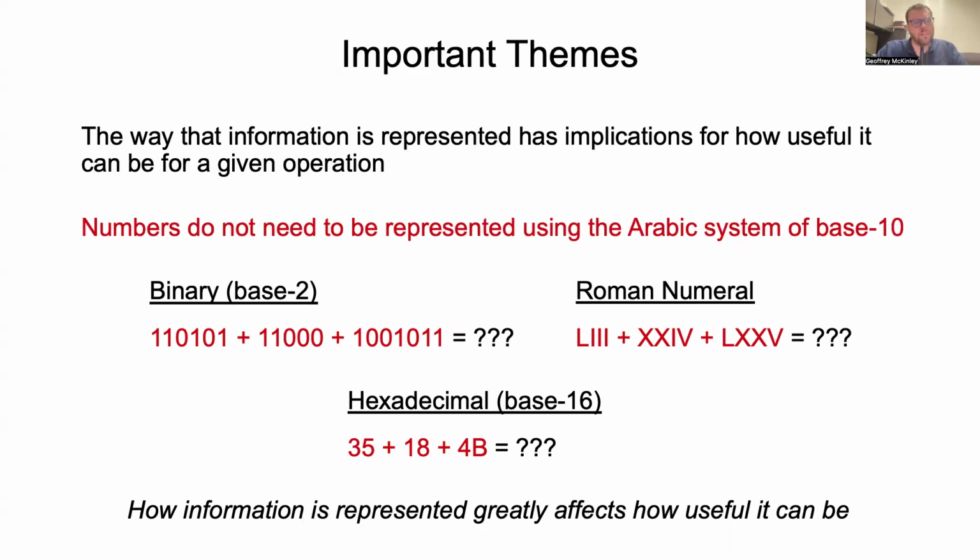So all that is to say is how information is represented greatly affects how useful it can be, right? And so any particular representation will necessarily make certain information more salient at the expense of information that's pushed into the background, or might be harder to recover. And the choice of how something is represented is incredibly important because it determines what's made more easily accessible, which affects how efficiently certain operations can be performed with it.